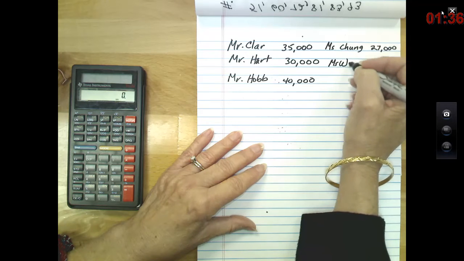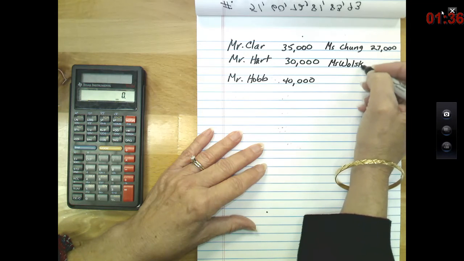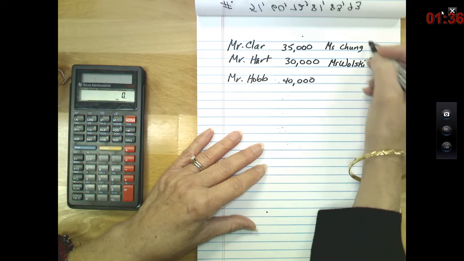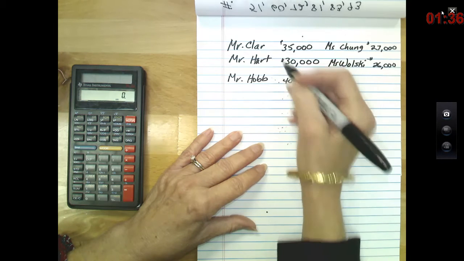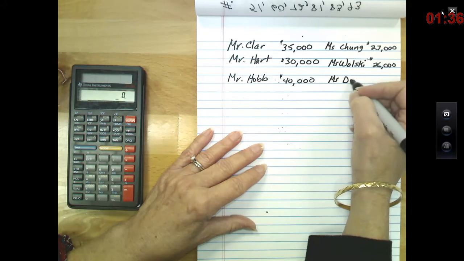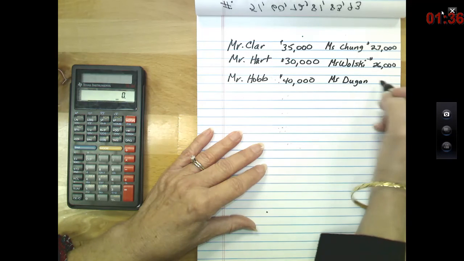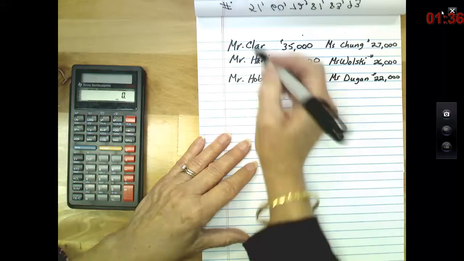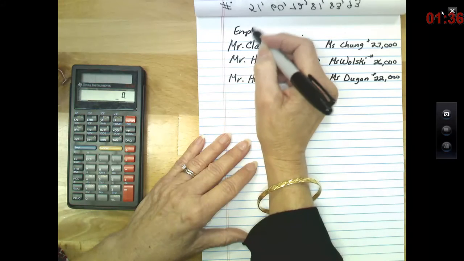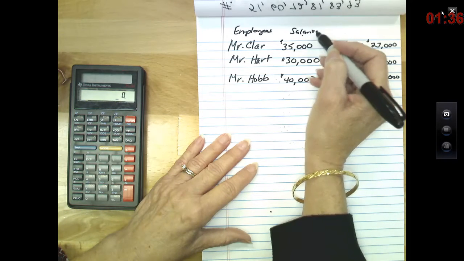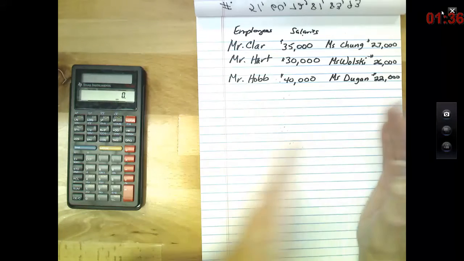Miss Wolski, 26,000. Miss Dugan. Okay, and these are the employees and salaries for these people. Notice we have the men here and the women over here.